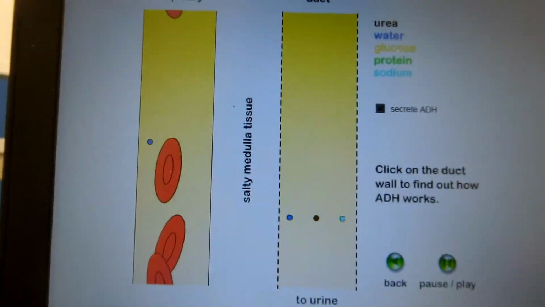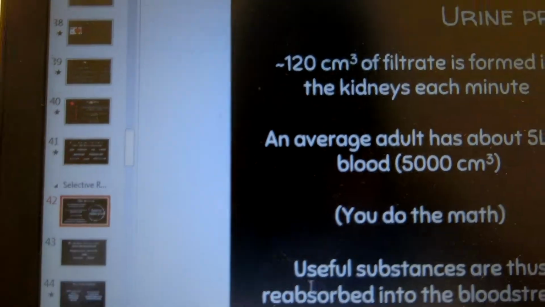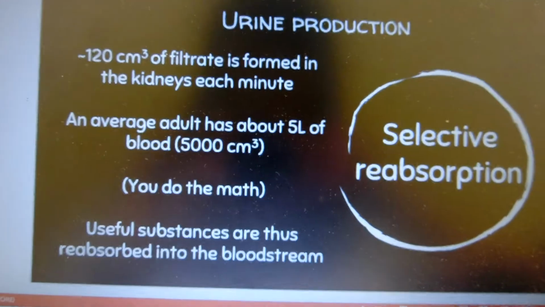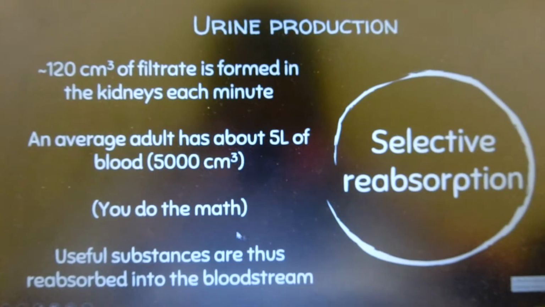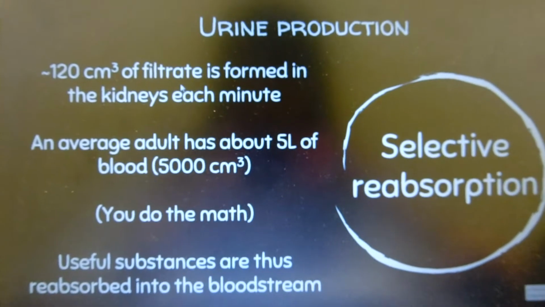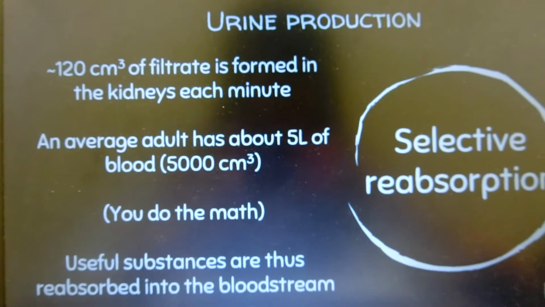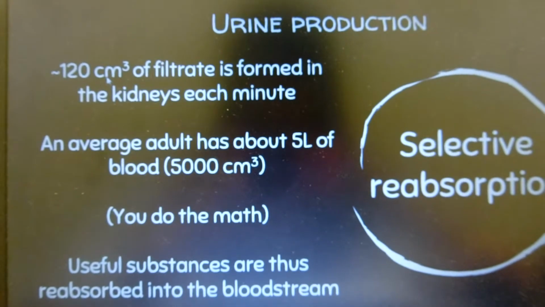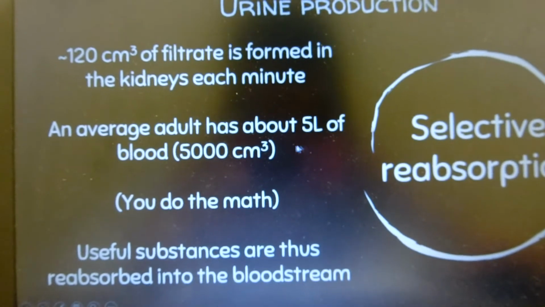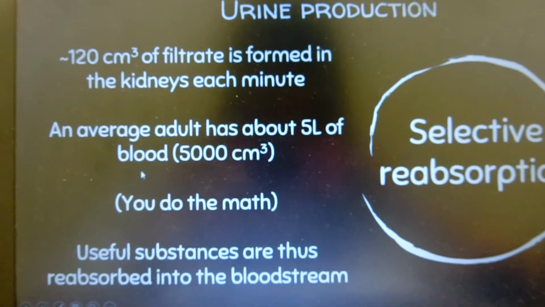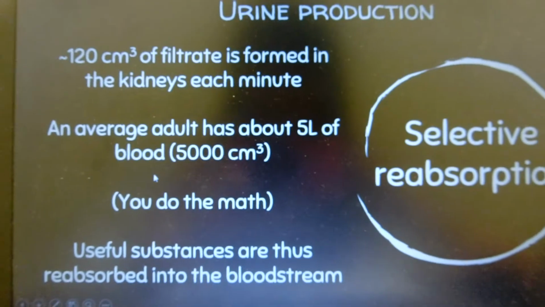Okay, so to consolidate what we have looked at so far, we understand that there is a lot of filtrate being formed as a result of ultrafiltration, namely 120 cm3 of filtrate each minute. That is around 5 liters of blood being filtered.